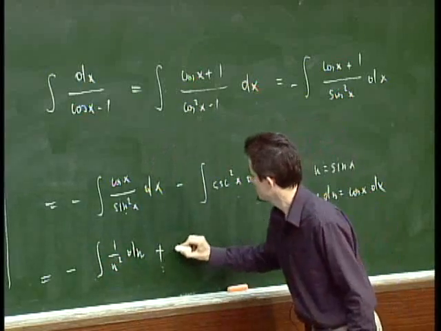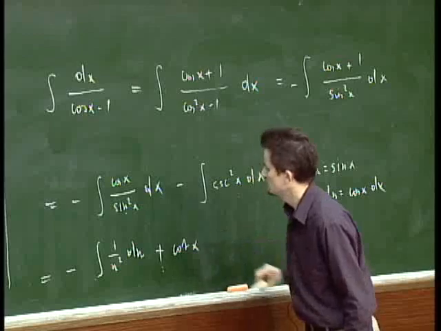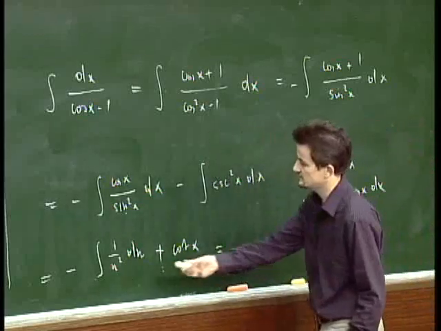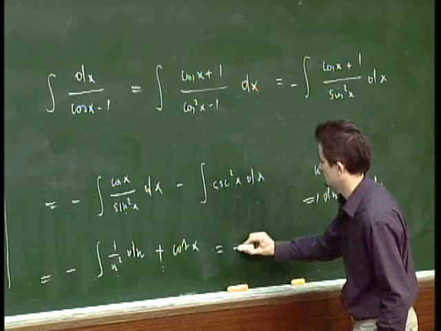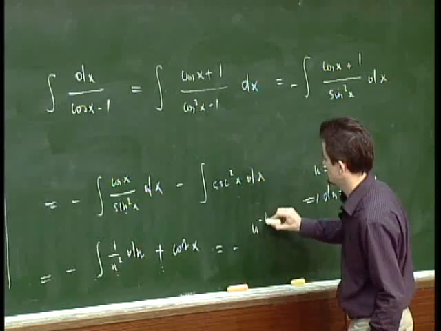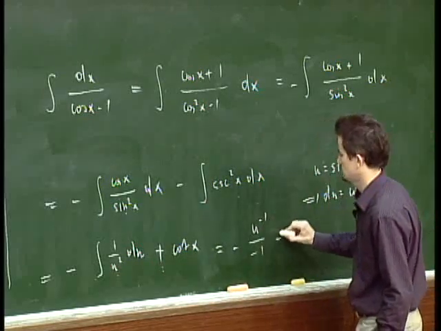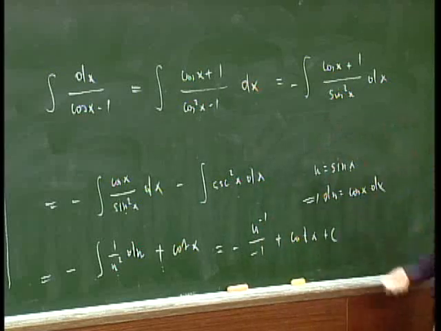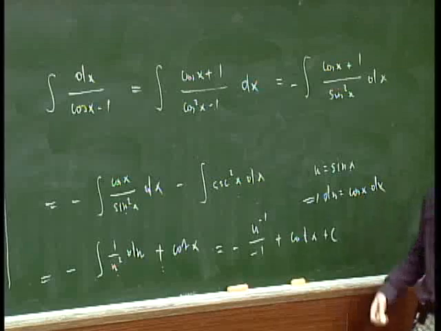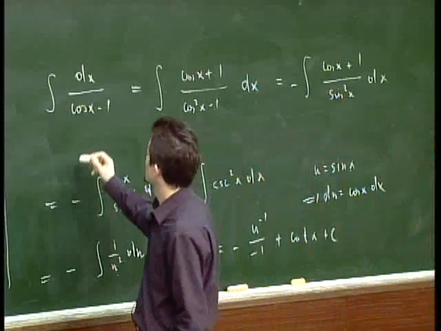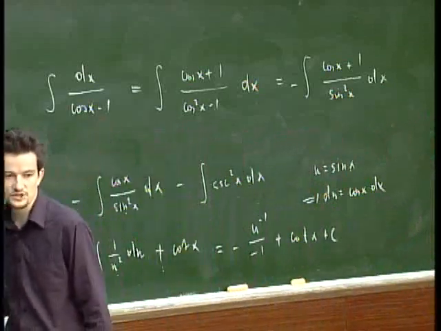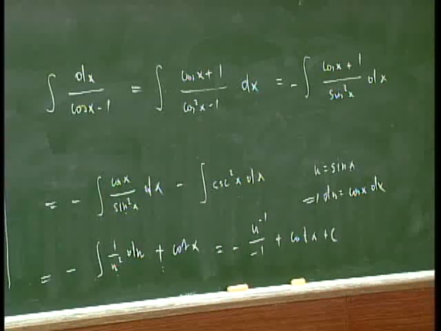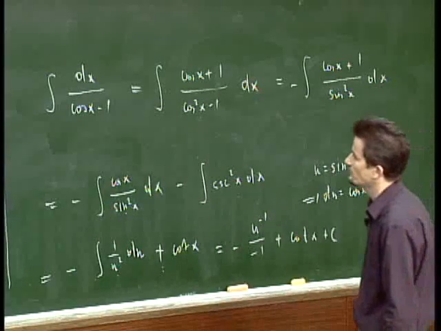And for this one, you have cotangent of x. Of course this is easy to solve. So you have minus u to the minus 1 over minus 1 plus cotangent of x plus c, and then you plug this in again. So you see that such integrals are manageable if you use some tricks. It's not very complicated. If you have a little bit of experience with this, then it's no problem.